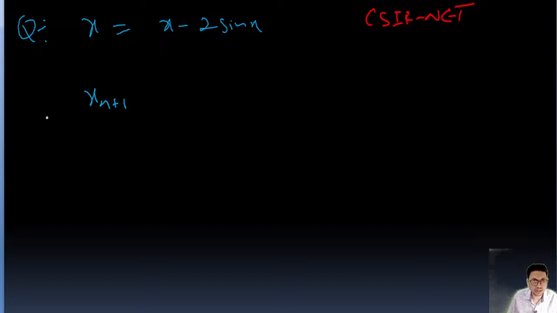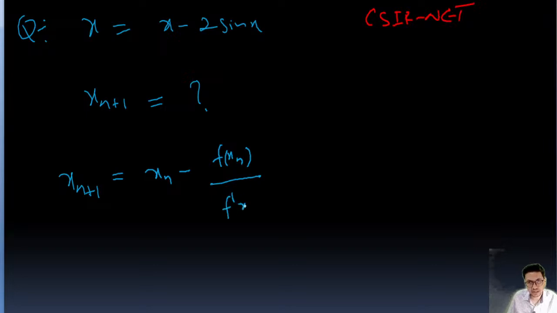Okay, so we know x_{n+1} we need to find out. So we know the formula, x_{n+1} is equal to, my apology, this is x_n minus f(x_n) upon f dash x_n, right? This is f(x), right?